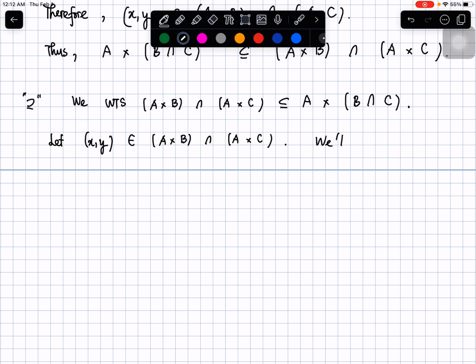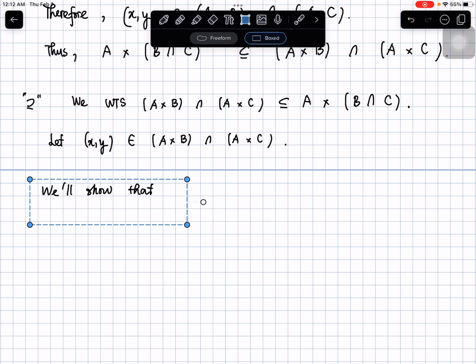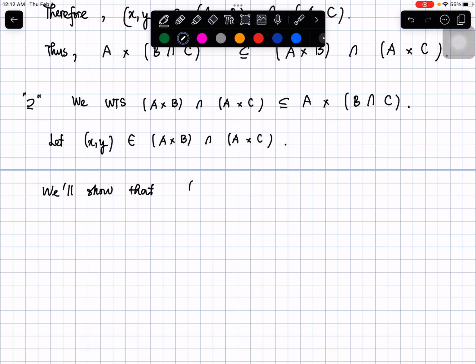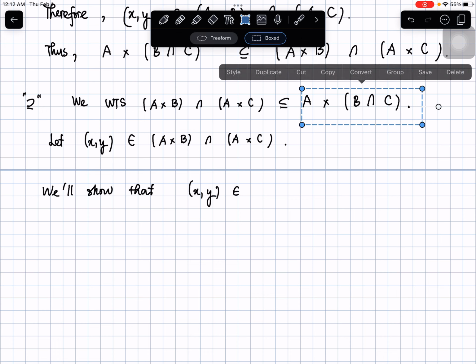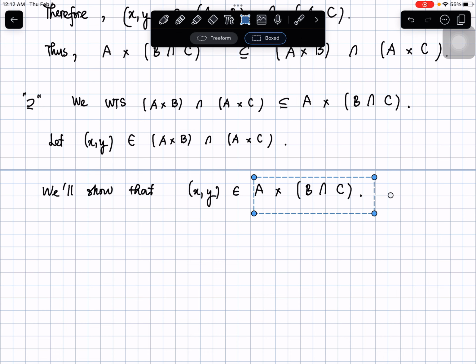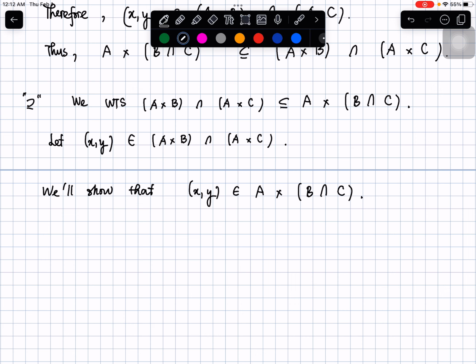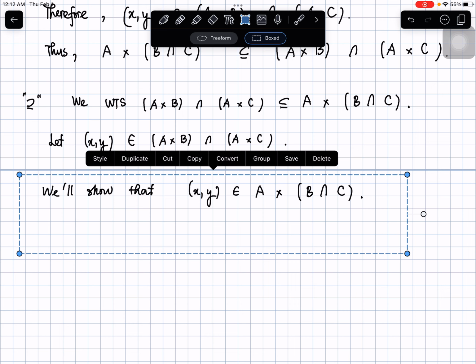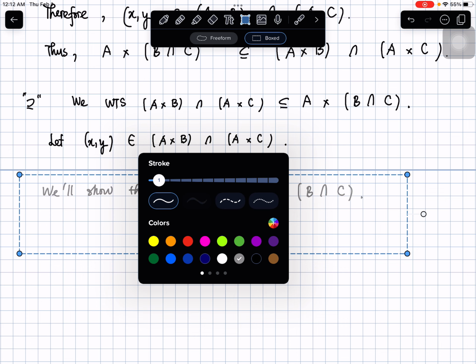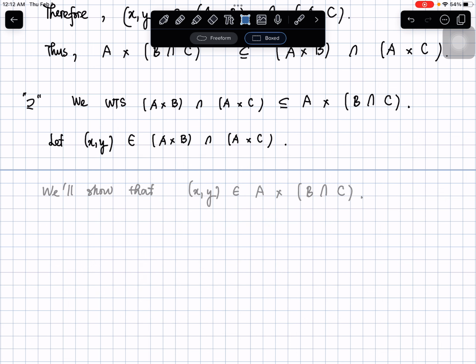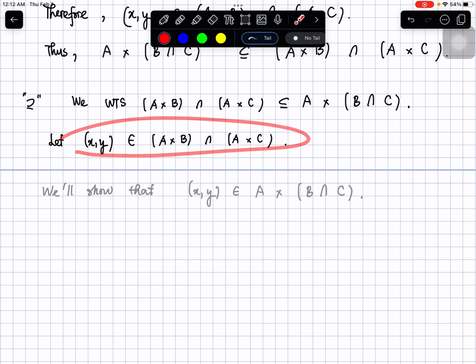We will show that x comma y is an element of A cross (B intersect C). Okay. So let's look at the hypothesis. x comma y in (A cross B) intersect (A cross C).